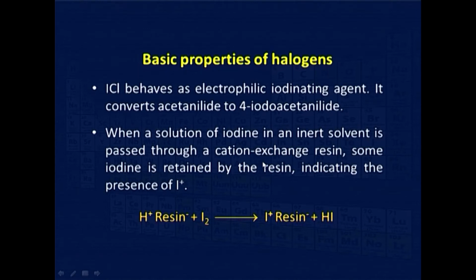When a solution of iodine in an inert solvent is passed through a cation exchange resin, some iodine is retained by the resin, indicating the presence of iodine cation. This is the way iodine is retained by the resin.